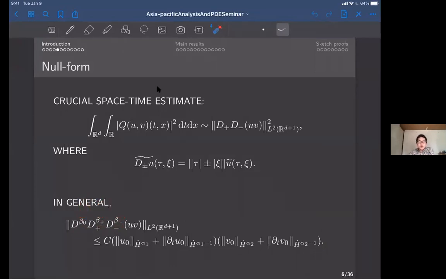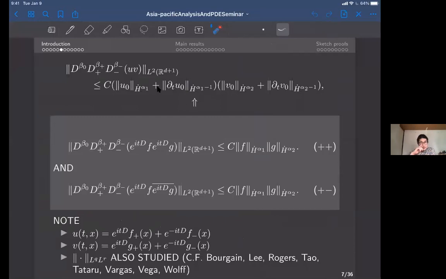And then you control it by the initial data with two variables, alpha 1 and alpha 2. And this crucial estimate can be further simplified by splitting into two inequalities called plus plus and plus minus.